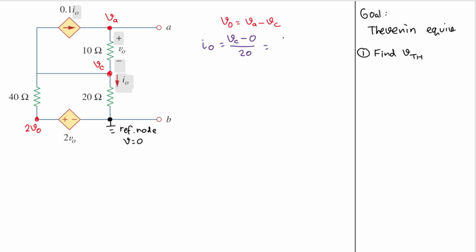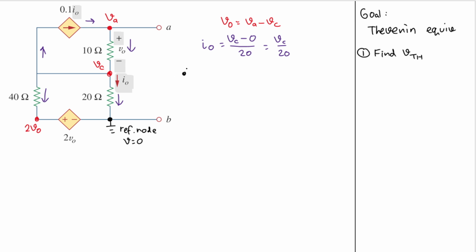Or in short, IO is equal to VC divided by 20. Good. Now let's assume the direction of the currents because we are doing nodal analysis. This one goes down, this also goes down, and this one goes down. This goes to the right because that is a current source, and this one goes up here.